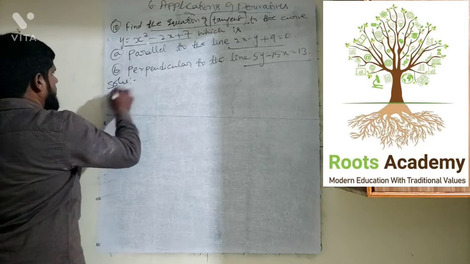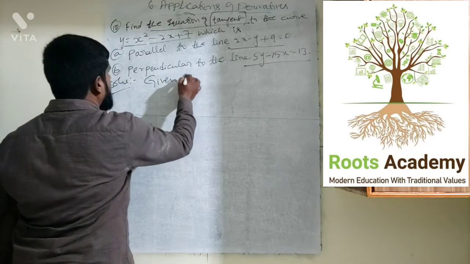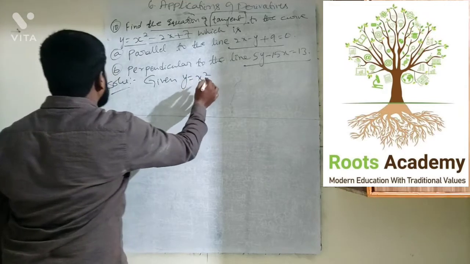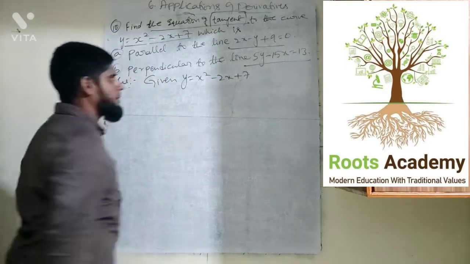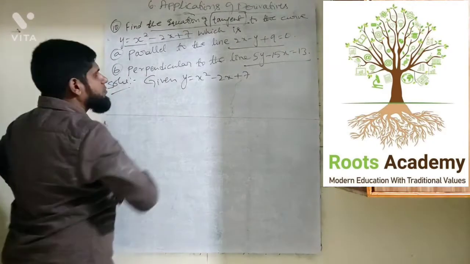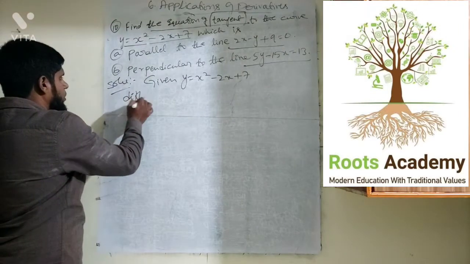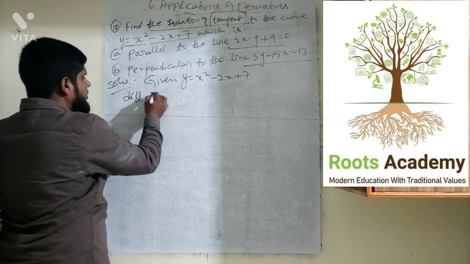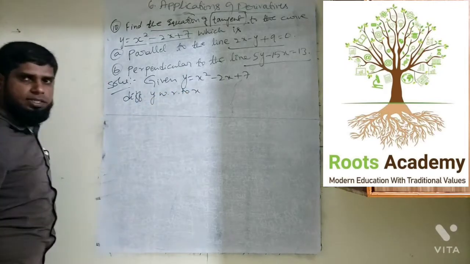Solution. Given y is equal to x square minus 2x plus 7. Differentiate y with respect to x.